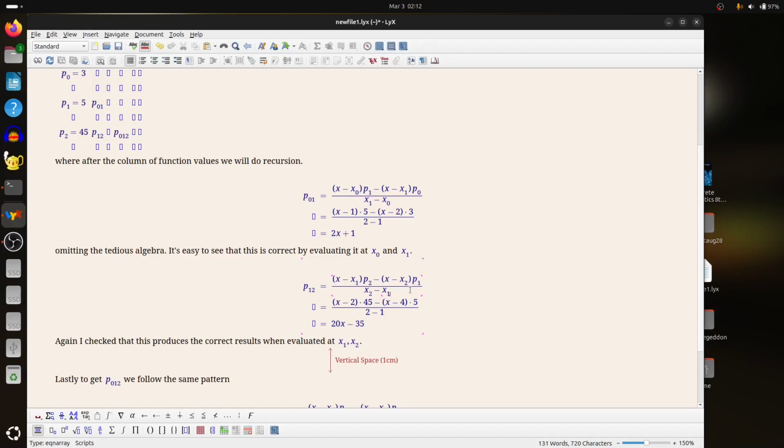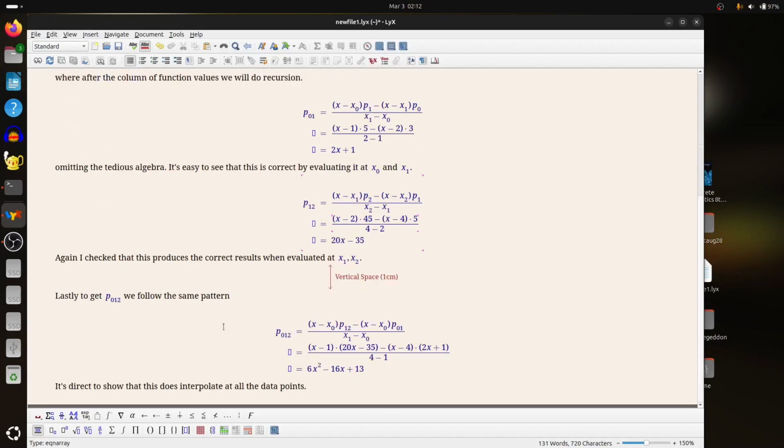That would be 4 minus 2, so I didn't change that one either. See, this is why you have to be careful about cutting and pasting, because you'll do stuff like that. Same deal here on the bottom of the fraction, because copy and paste.